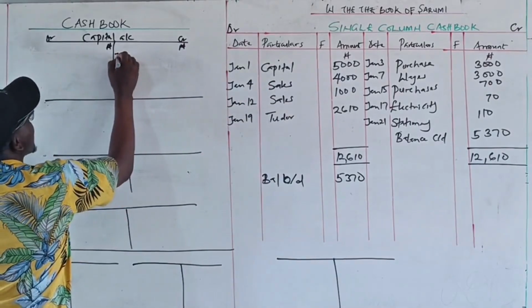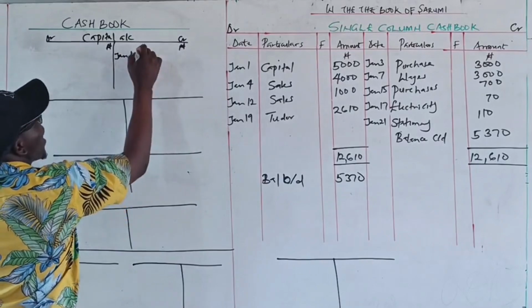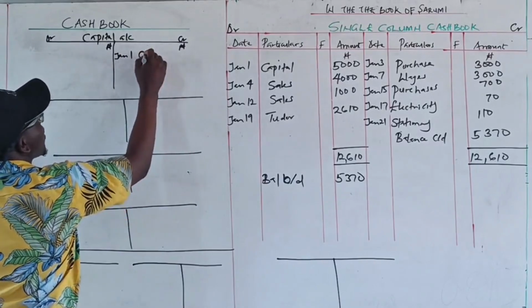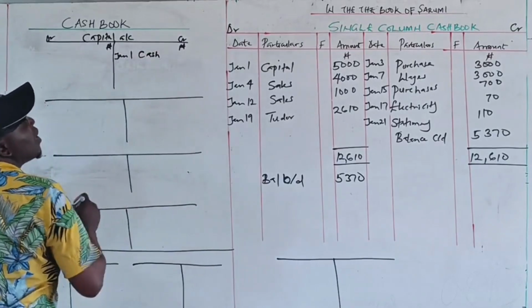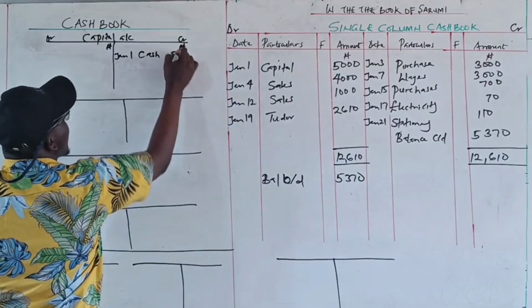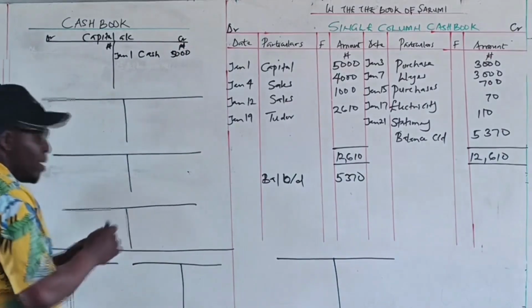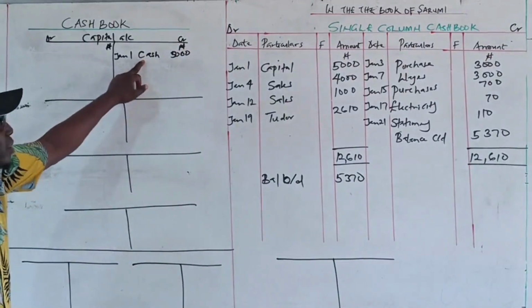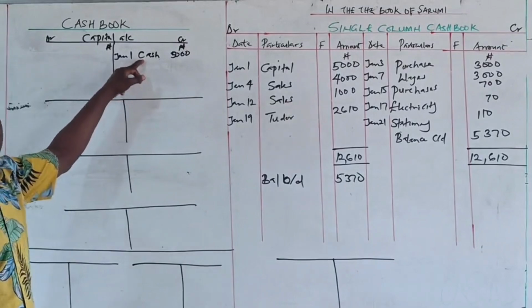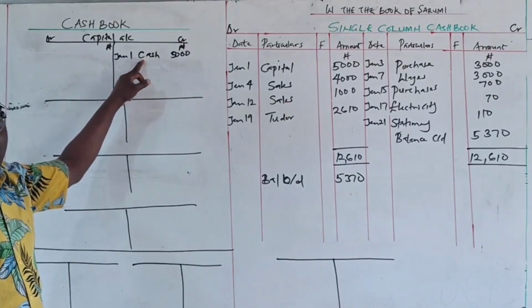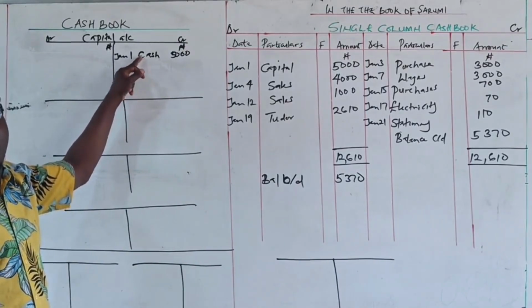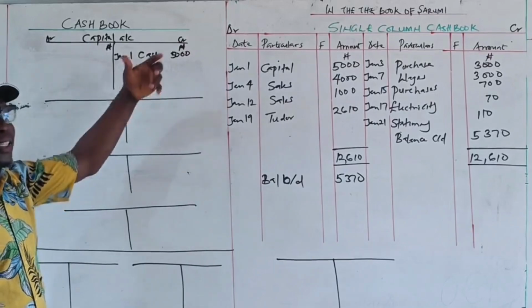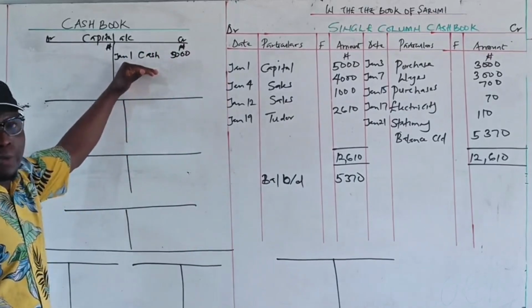So we have cash book or cash. That is 5,000 naira. Under the particulars there, I can either write cash account or cash book, CB. That is the source where this account is coming from.